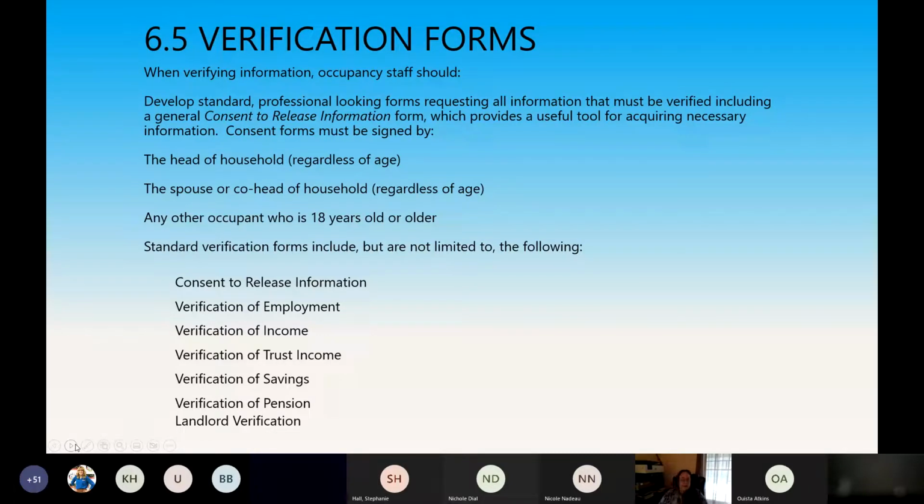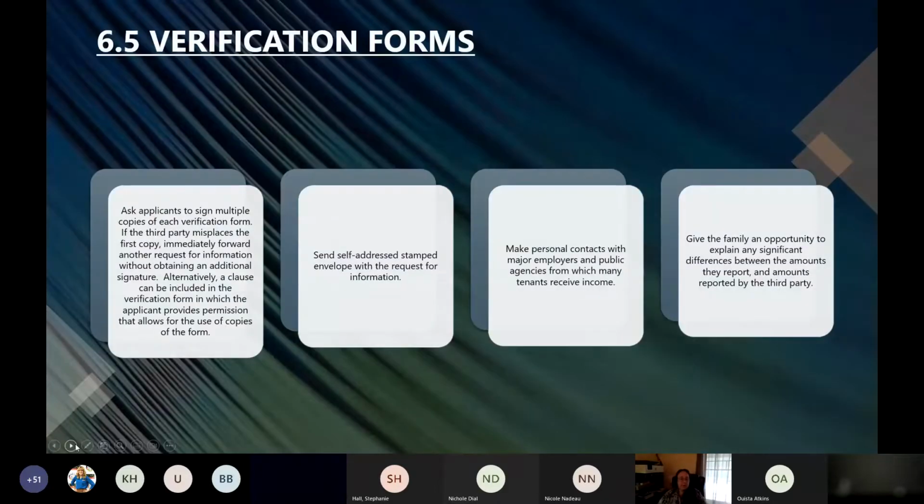Standard verification forms include, but are not limited to, consent to release information, verification of employment, income, trust income, savings, pension, and landlord verification. Ask the applicant to sign multiple copies of each verification form.